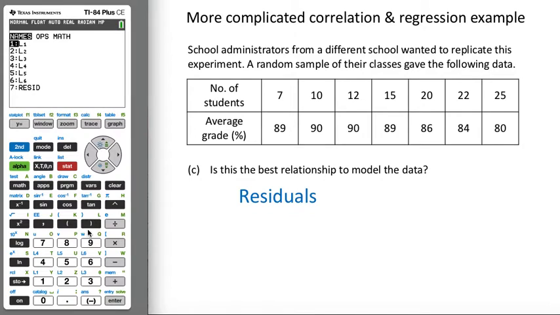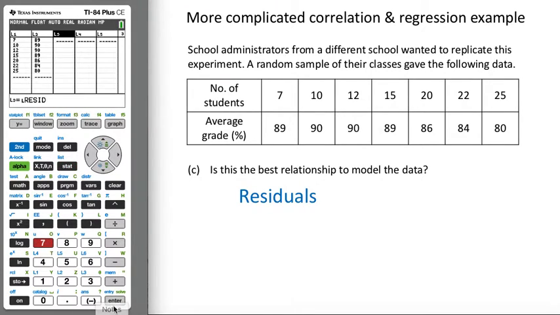So residual is the difference between the line and where the points actually are, and then that calculates it. So for our linear graph, that will calculate how far this y value is from the y value of our line for the same x value.